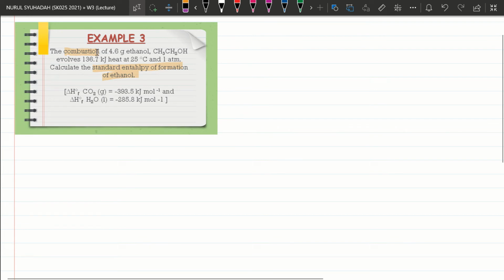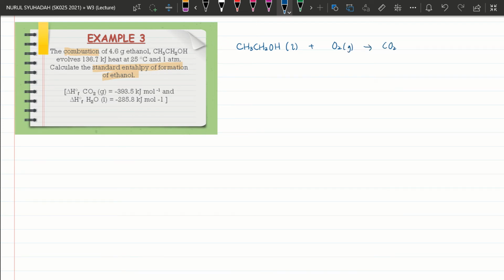Usually the target equation is the reaction. So the reaction is delta H combustion. Combustion of ethanol, CH3CH2OH, liquid, plus oxygen gas, will give carbon dioxide gas plus H2O.